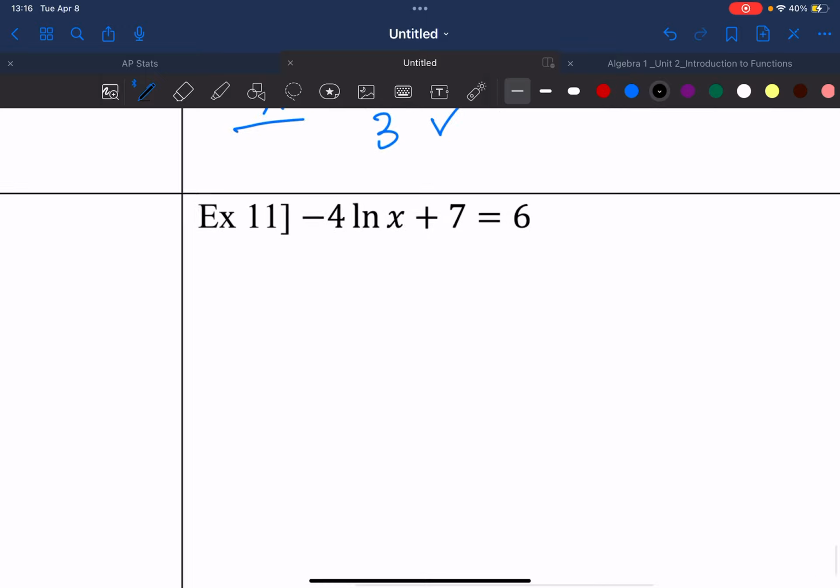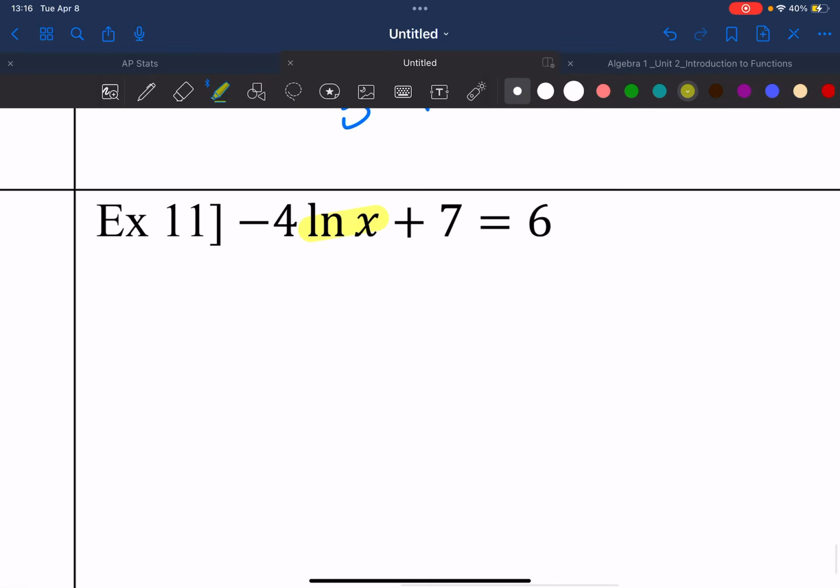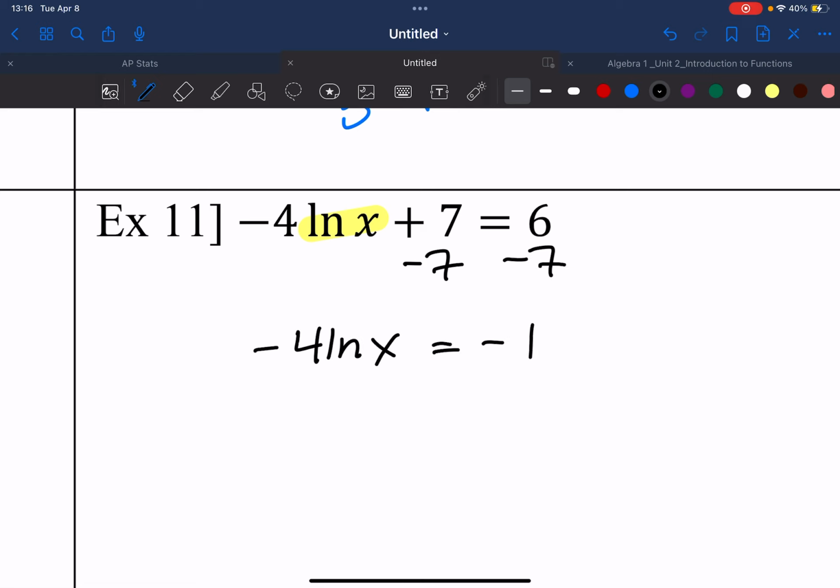And then lastly, number 11. I want to get the natural log of x by itself. So notice that there's a negative 4 in the front that's being multiplied and a plus 7 at the end. So I'm first going to subtract the 7, and I have negative 4 natural log of x is equal to negative 1.